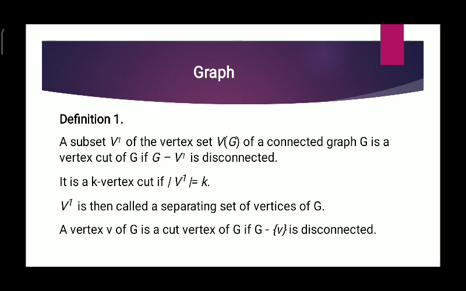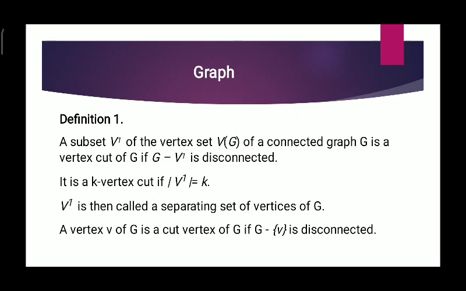So the definition is given like this. A subset V dash of the vertex set V of a connected graph G is a vertex cut of G if G minus V dash is disconnected.